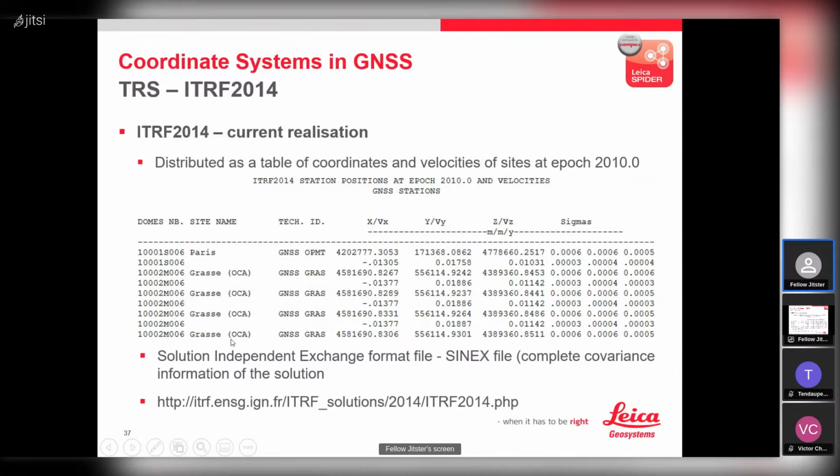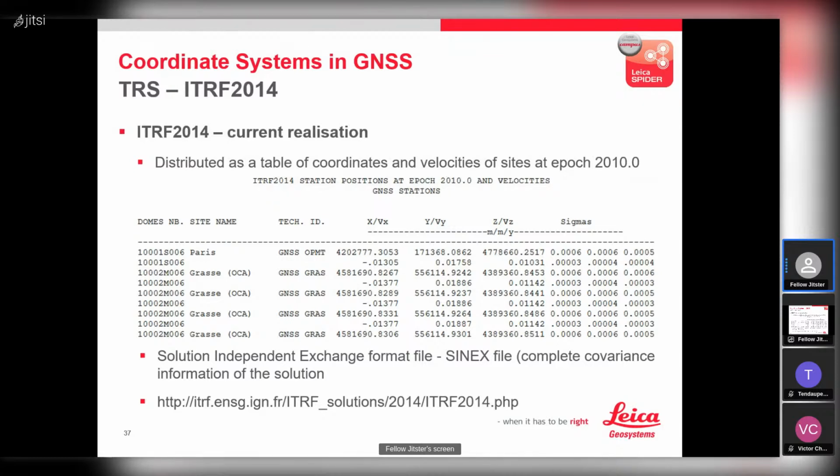As I said, these realizations are always fixed to some epoch. You can see that the ITRF 2014 realization was fixed to the reference epoch 2010.0, which means that these values are valid for, I would say, the 0th of January 2010. This is how it should be taken into consideration.